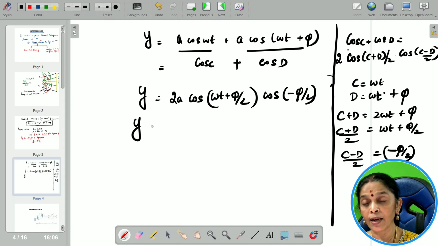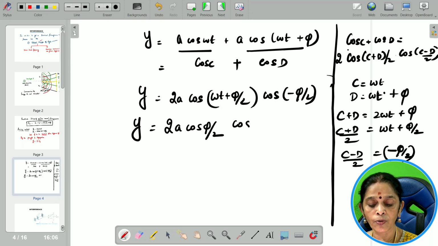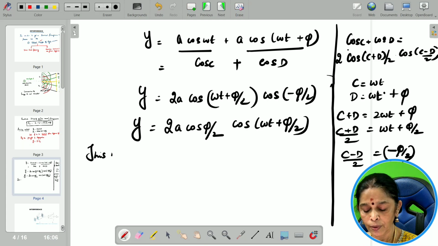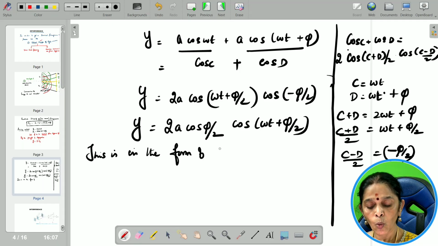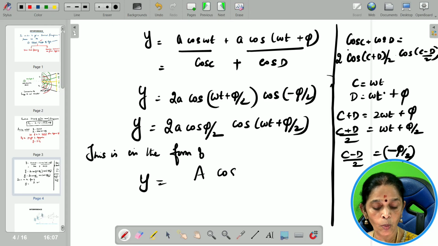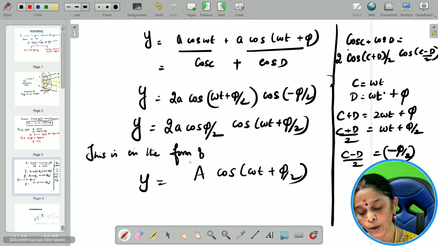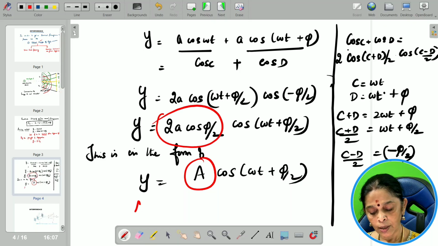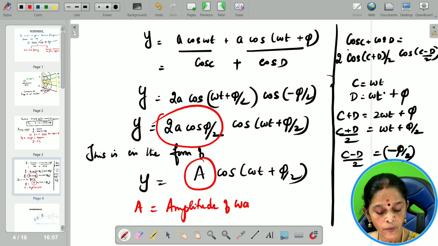So I am rearranging it: y is equal to 2a cos phi by 2 into cos of omega t plus phi by 2. This is in the form of y is equal to A cos omega t plus phi by 2, where A is the amplitude of the wave, which is equal to 2a cos phi by 2.